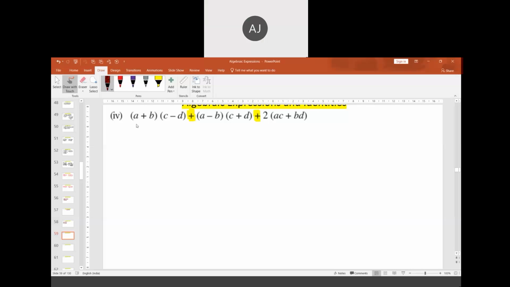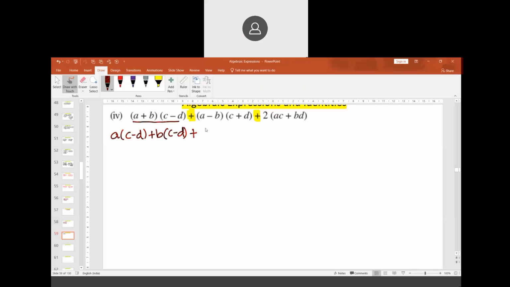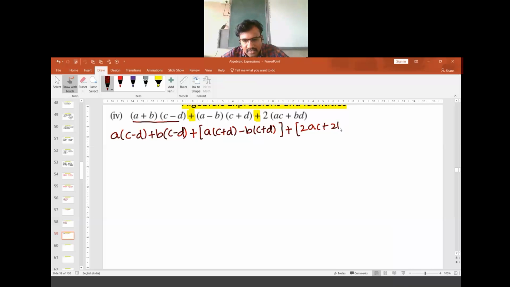If I solve this, I will get a multiplied to c minus b, plus b multiplied to c minus b. This plus I will write as it is. Then inside I'll write a bracket: a times of c plus d minus b times of c plus d. It comes plus c plus d, 2ac plus 2bd.